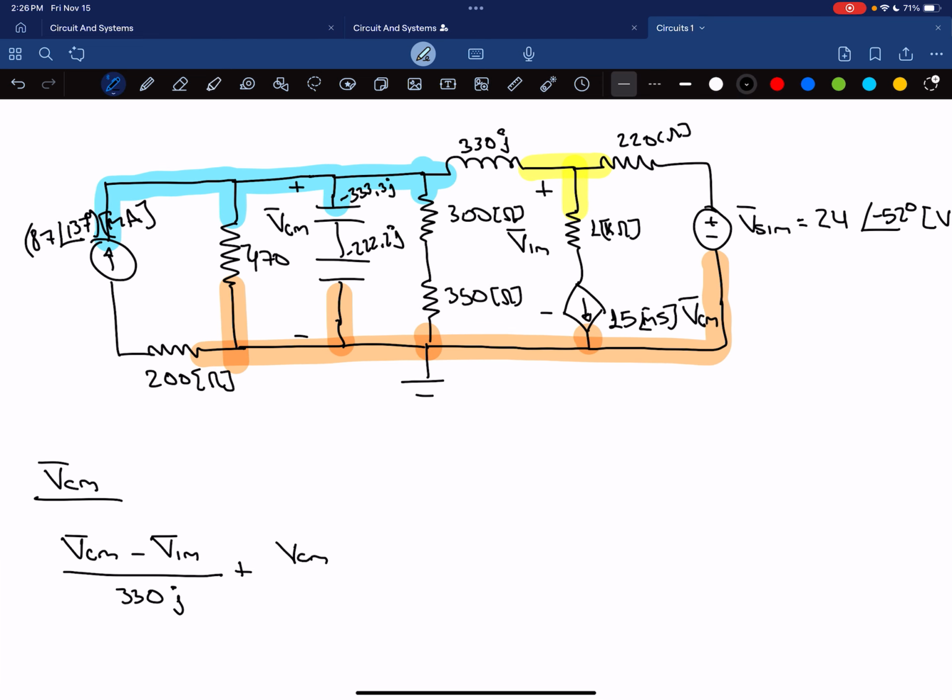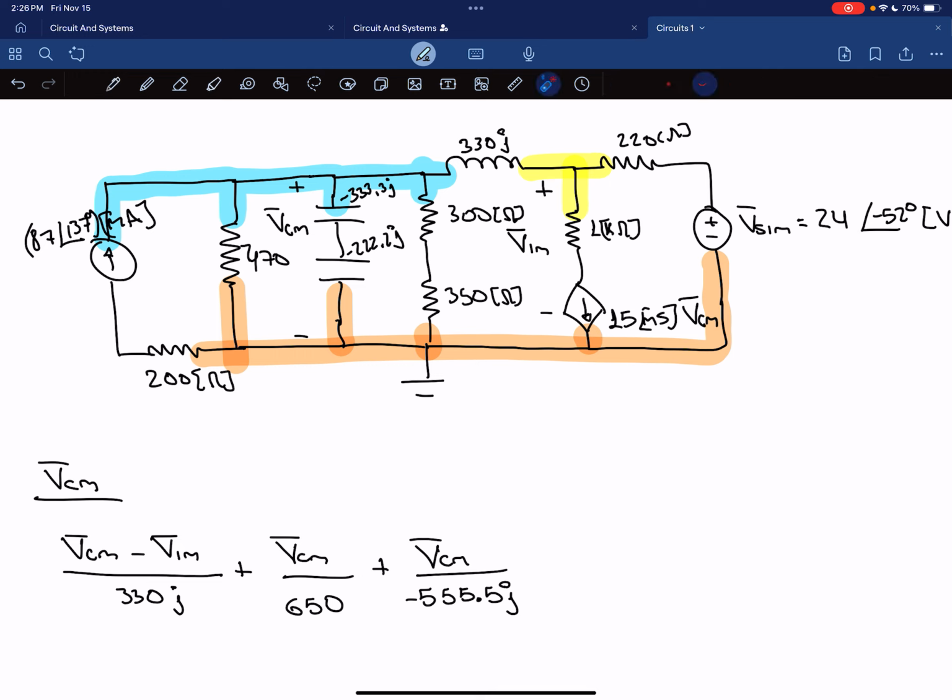So BCM over 650 plus, what else do we have in this node? We have this. So we did this, we did this. Now we need to do this, and this. So BCM minus 0 over the total resistance or impedance, right? So BCM over the total impedance, which is 555.5 negative J, right?